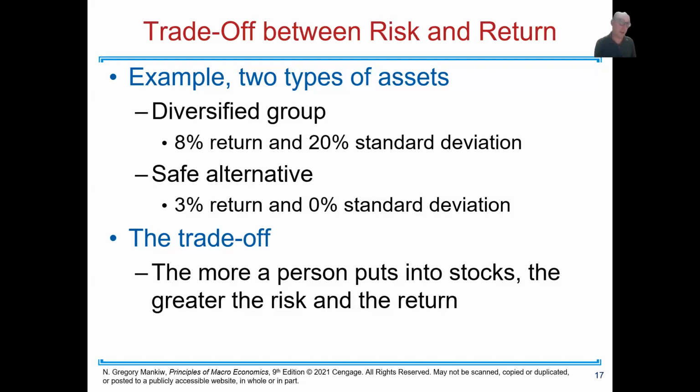The other type of asset is called a safe alternative. Safe alternative provides you with a 3% return on average, 3% growth, and a 0% standard deviation. An example of a safe alternative is a bond, a government bond. You purchase a government bond, the guaranteed return rate usually of about 3%, and a 0% standard deviation.